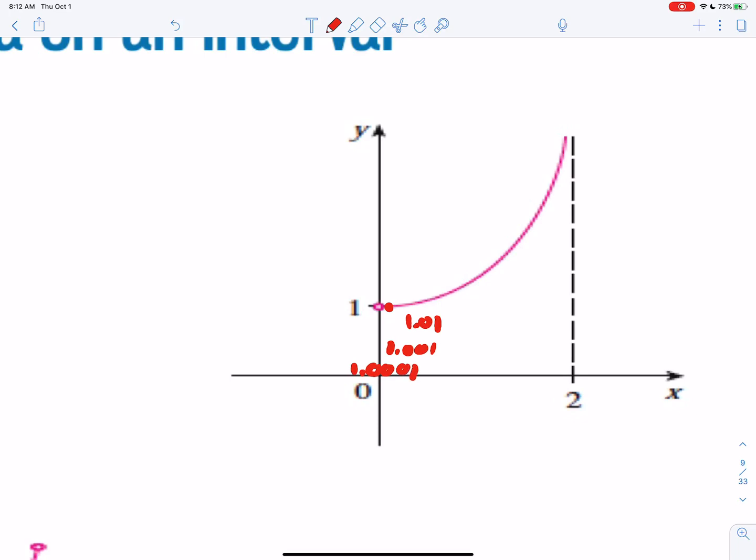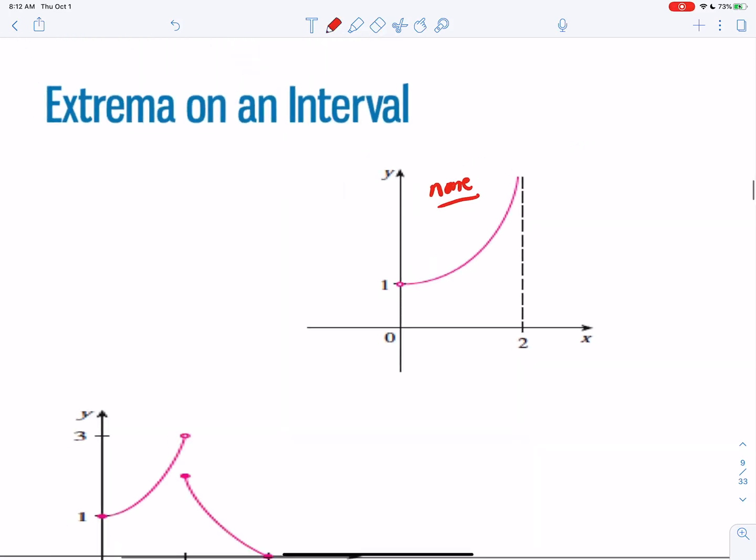Okay, same thing here. The absolute maximum is not right here because the graph keeps on going higher and higher and higher, and we can make that same argument too. So in this picture, we actually have none. Okay, we don't have any extremas.